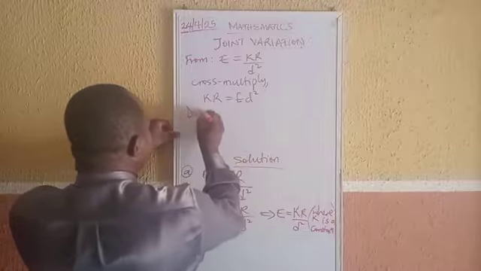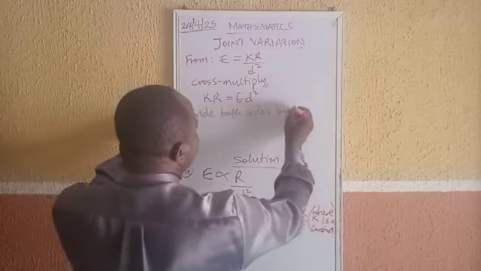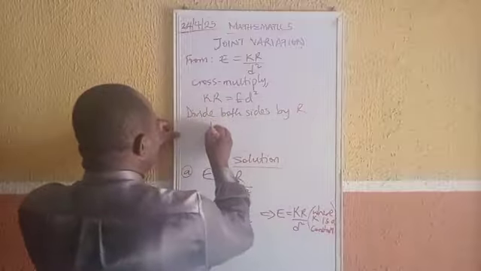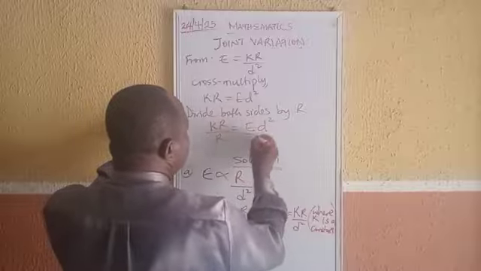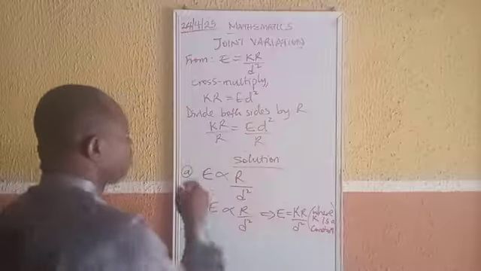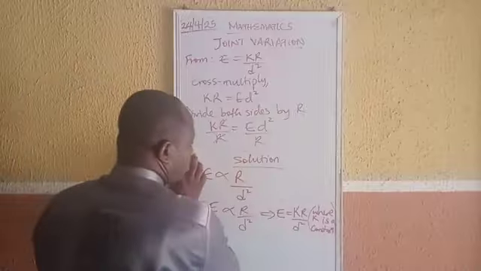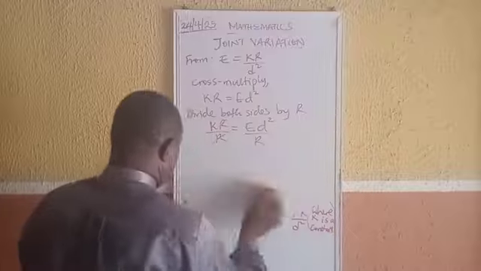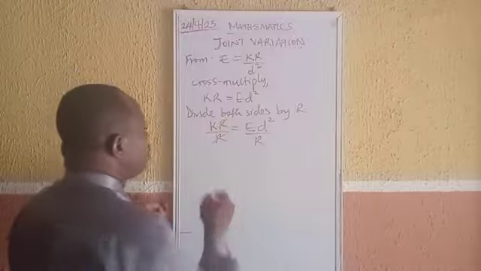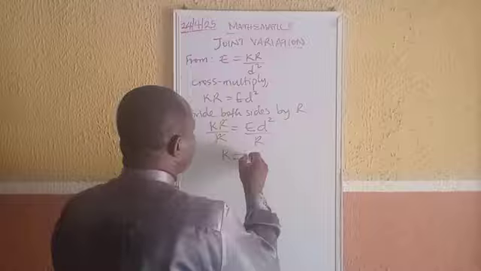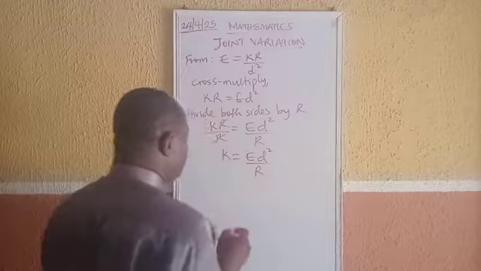We divide both sides by R. We have K R over R equals E D squared over R. R cancels R here. That leaves us with K equals E D squared over R.